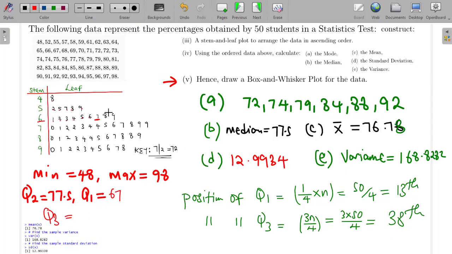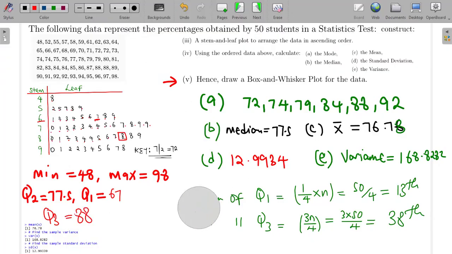So now the 38th position, this is 13, 14, 15, 16, 17, 18, 19, 20, 21, 22, 23, 24, 25, 26, 27, 28, and then 30, 31, 32, 33, 34, 35, 36, 37, 38. So 38 is there, and that is 88. So my Q3 is 88.